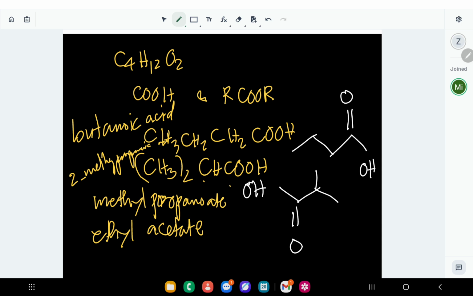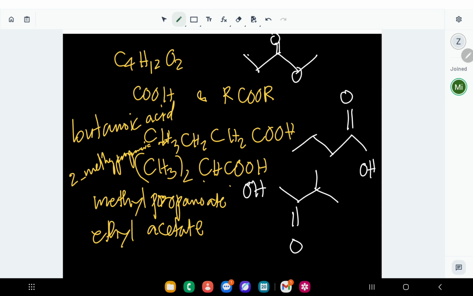And then the third one, methyl propanoate. Which one there is methyl? It's not in the choices. So methyl propanoate would look like this. We have oxygen. Okay, but we have the first two.